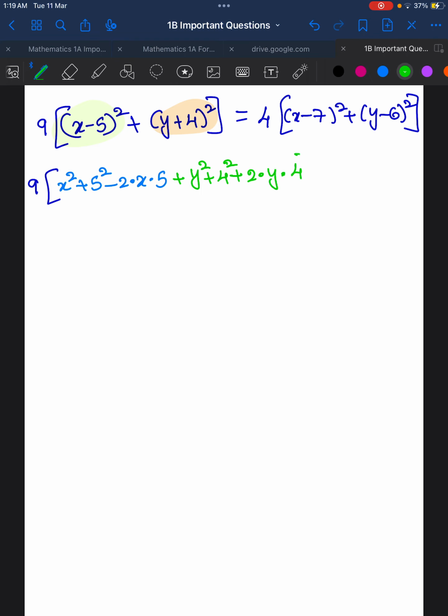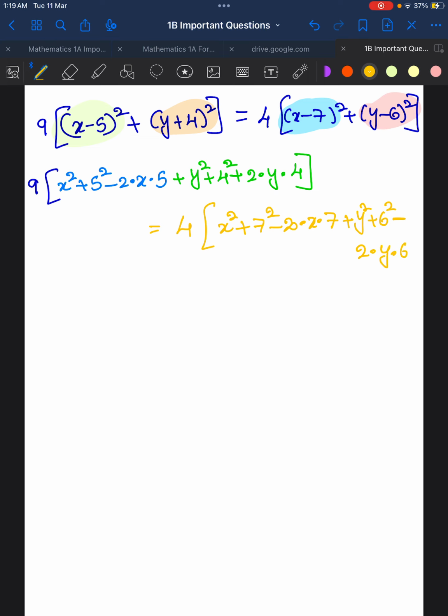Now is equal to 4 times the term x minus 7 whole square, again a minus b whole square: x square plus 7 square minus 2 into x into 7. Next term is y minus 6 whole square, means a minus b whole square: y square plus 6 square minus 2 into y into 6.